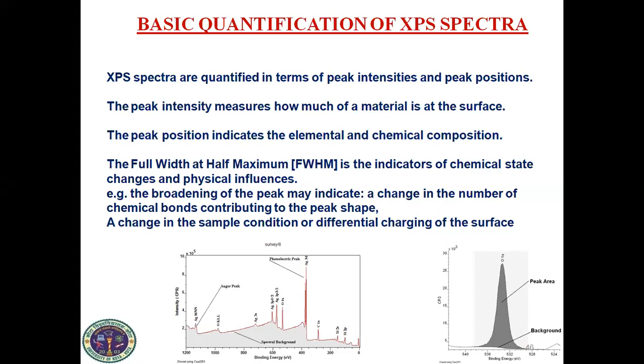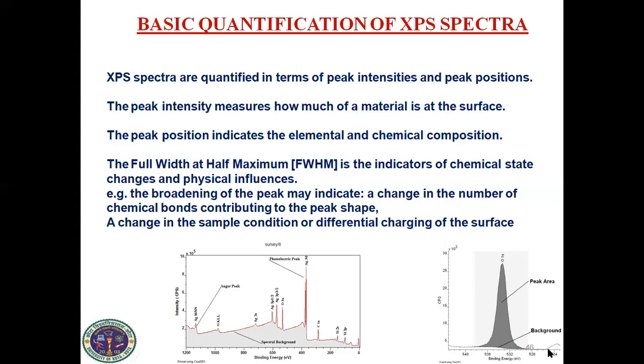Yes, sir. So here you can see in the lowermost figure the XPS survey scan is shown. The peak intensity measures how much of a material is at the surface. This survey scan represents the surface characterized using a quantification table based upon values computed from regions.